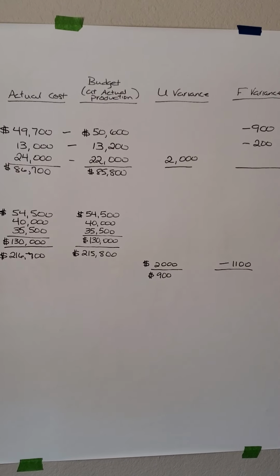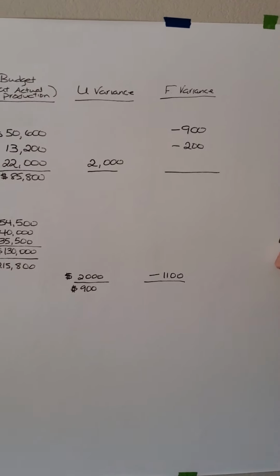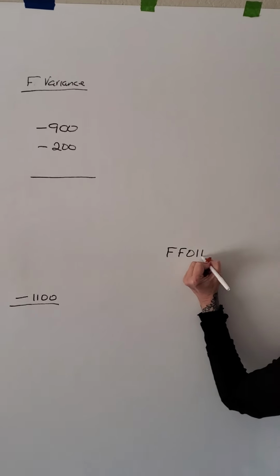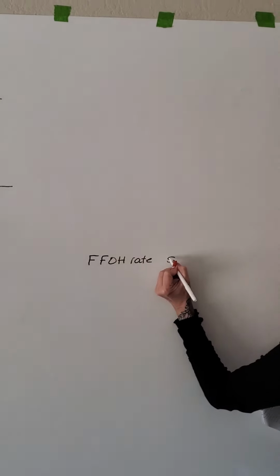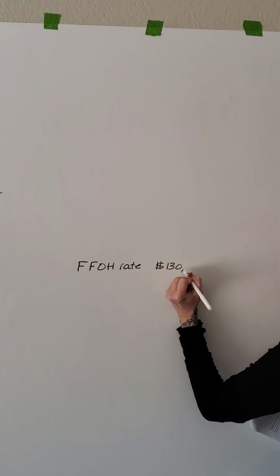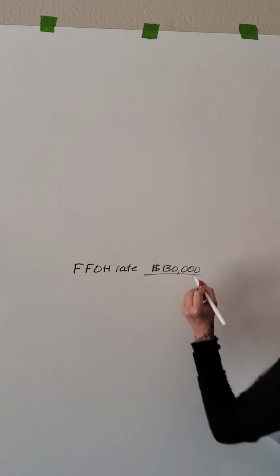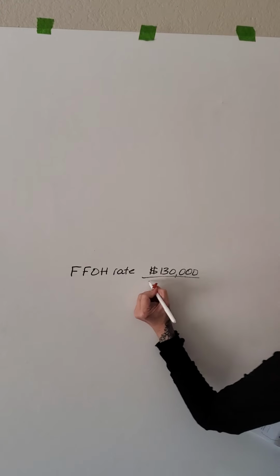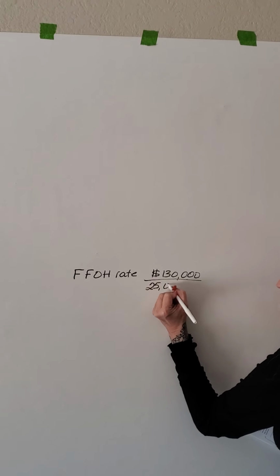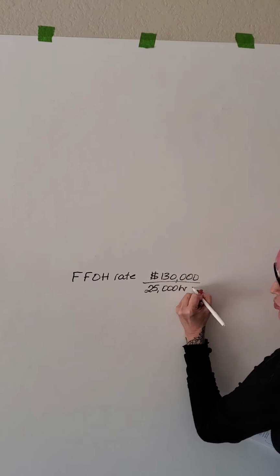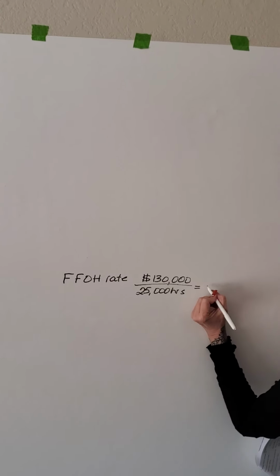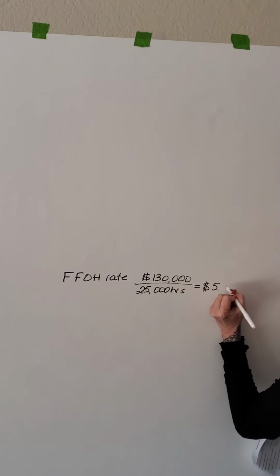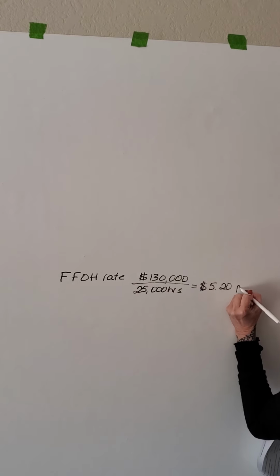So here for the fixed factory overhead rate, I'm going to do that over here. I'm going to take that $130,000 and divide it by my full capacity hours of 25,000 hours. 130,000 divided by 25,000 hours, that gives me $5.20 per hour.